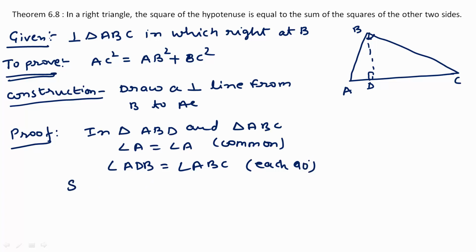So by angle criteria, triangle ABD is similar to triangle ABC.